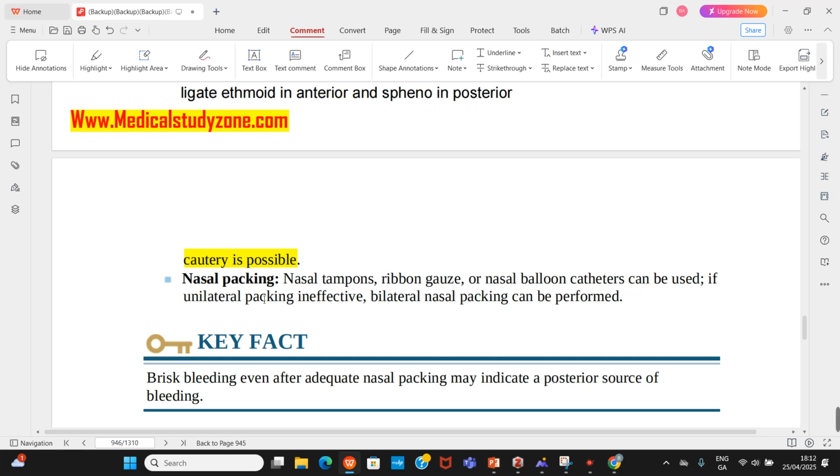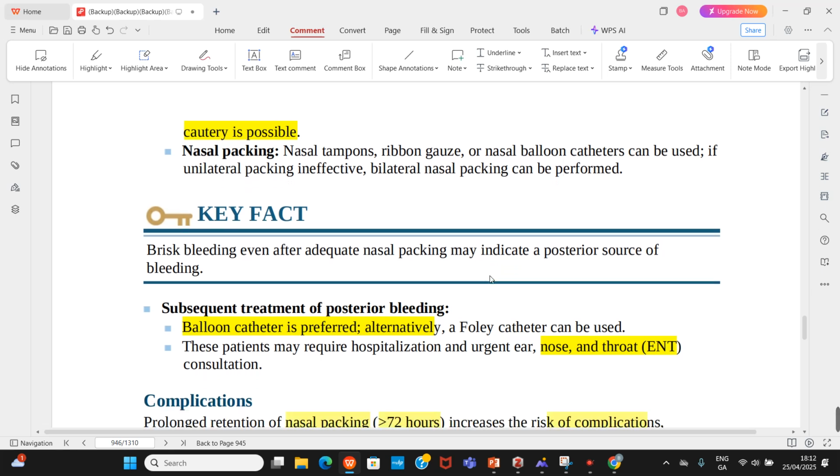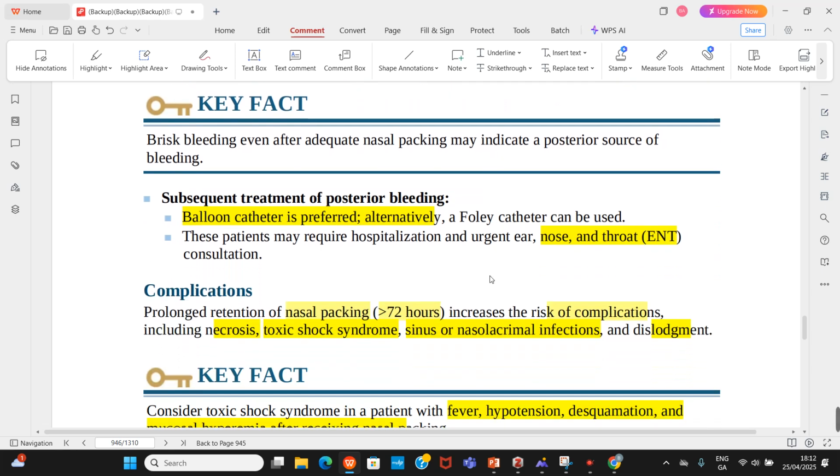So you can pack by using nasal tampons, ribbon gauze, or balloon catheters. If unilateral packing doesn't stop it, you can do bilateral packing. If bilateral packing does not stop it, you just know that the cause of the bleeding is going to be posterior. It's going to be a posterior site.